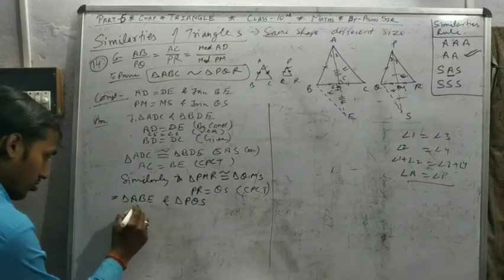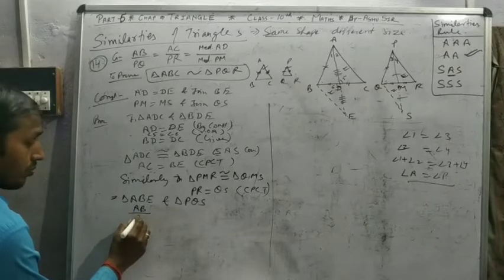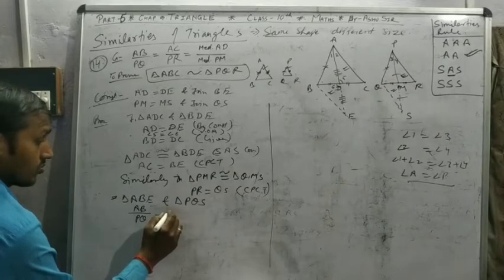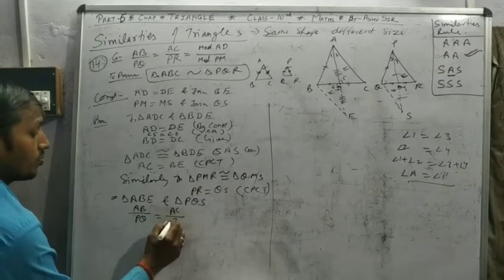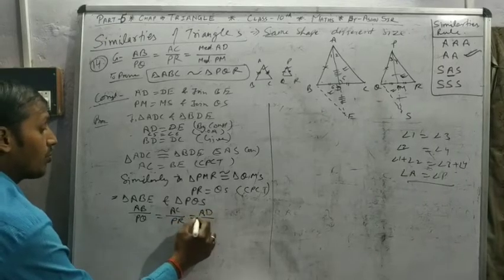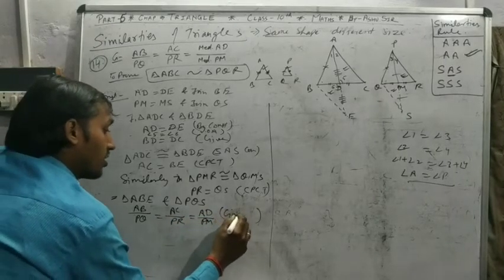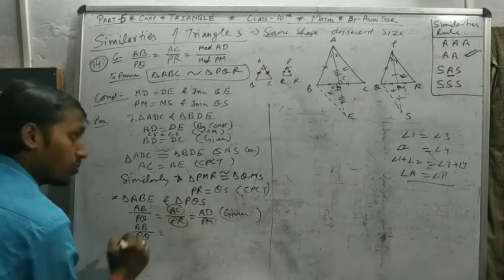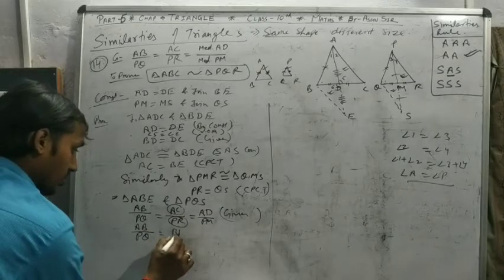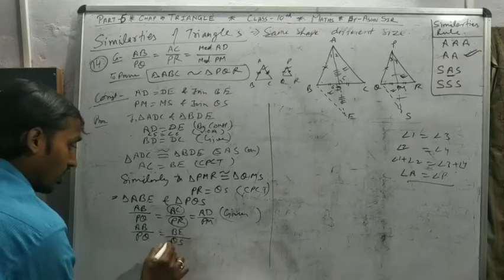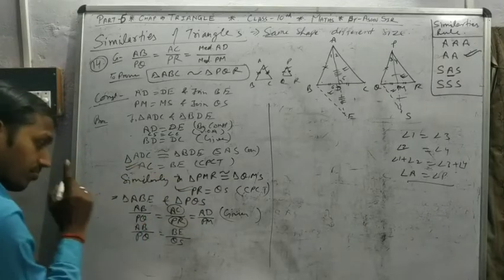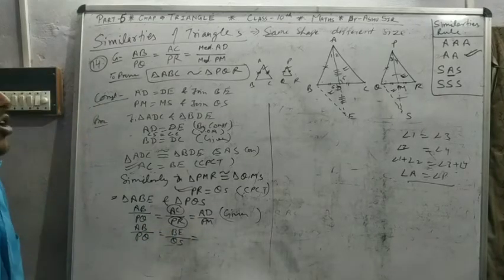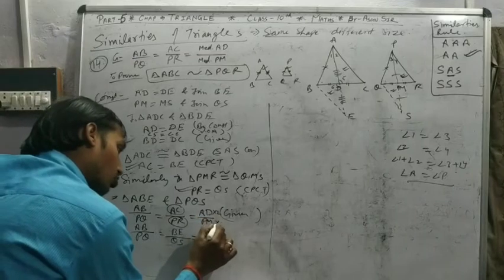How? AB upon PQ is given, AC upon PR, and AD upon PM. These are the given parts. AB upon PQ is the same, note down. So AC upon PR, we replace by BE upon QS, because AC equals BE and PR equals QS, and AD upon PM we multiply by 2 on both.